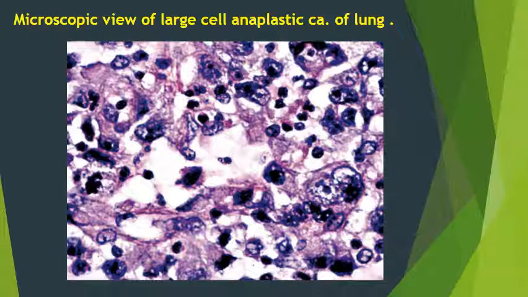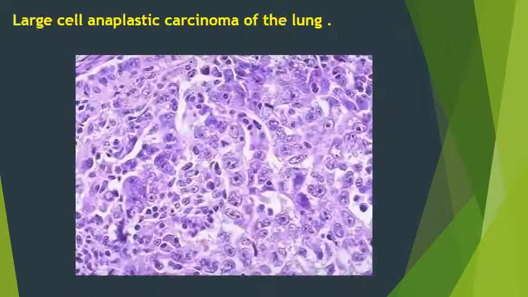We have to take a tissue biopsy, and the tissue biopsy should be submitted to various immunohistochemical stains to differentiate squamous cell carcinoma, adenocarcinoma, or small cell carcinoma. If we exclude all those types, then the diagnosis of large cell anaplastic carcinoma would be preferred.